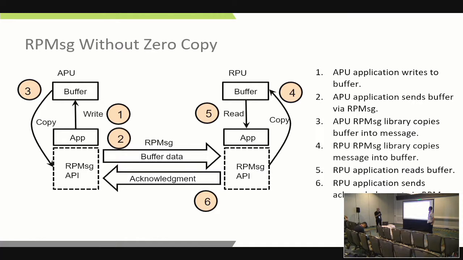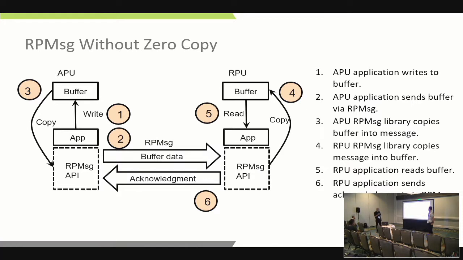The APU (application processing unit) and RPU (real-time processing unit), I don't know how specific to Xilinx they are. Think of it as an A53 or A72 and an R5 in our case, and that we're talking from the A series to the R series.